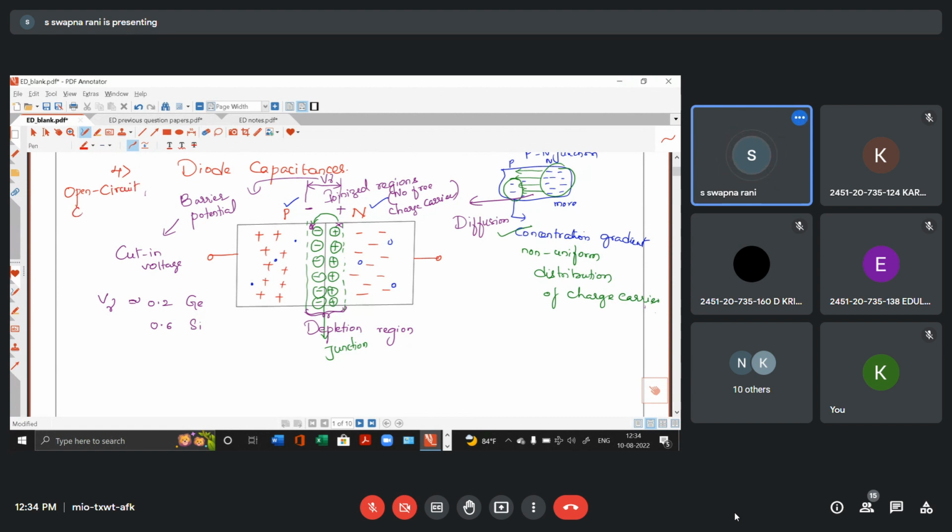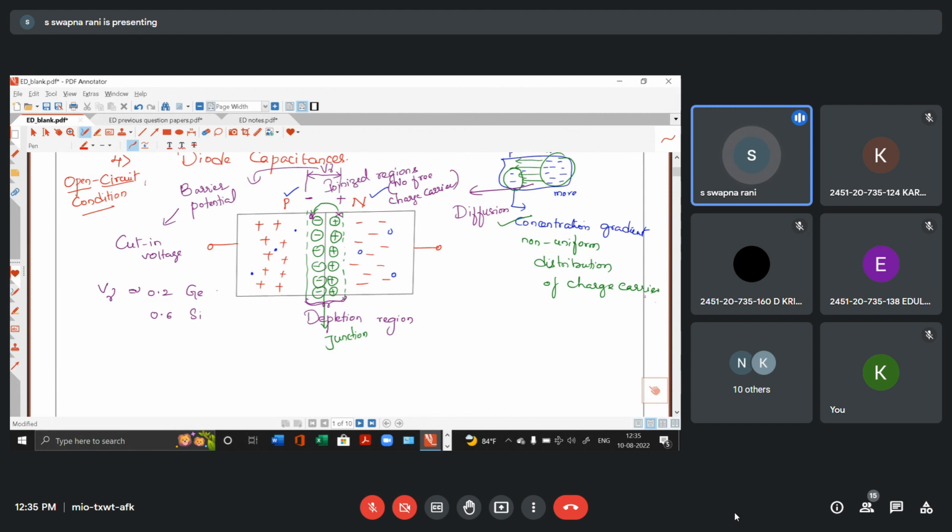We say that it is under open circuit condition. We have not connected the diode to anything, we are just observing what processes occur during the formation of the PN junction. The depletion region is formed, and a potential difference develops across it. That potential difference is called the barrier potential, also called the cut-in voltage.